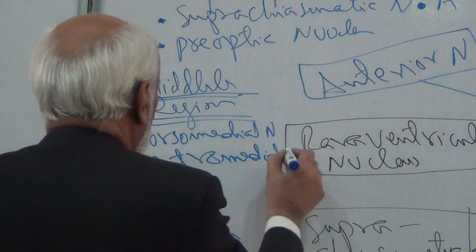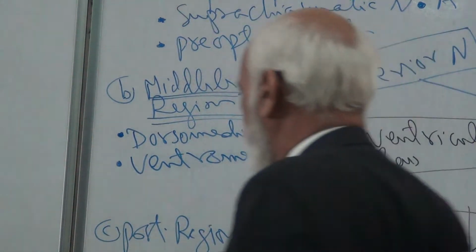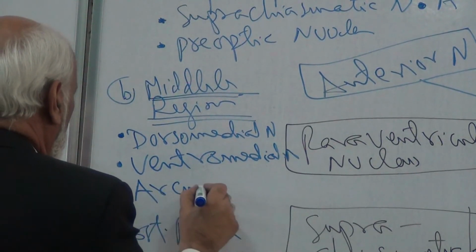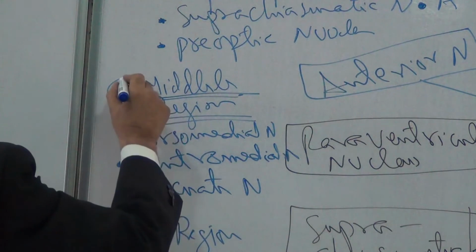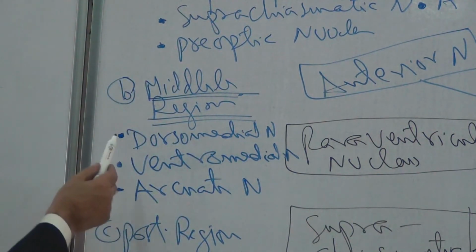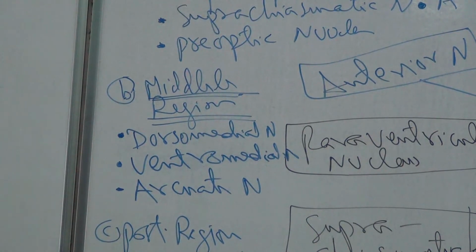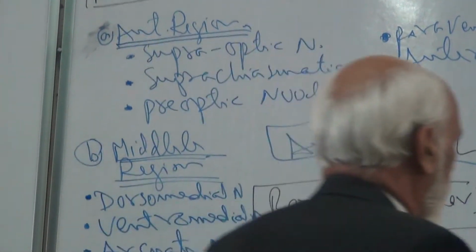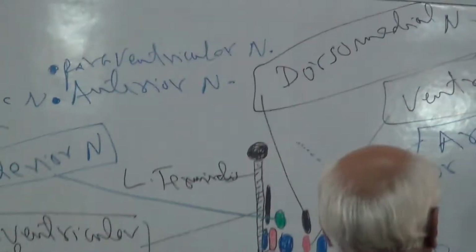Ventromedial nucleus. Then arcuate nuclei. These are the nuclei in the middle region of the medial zone of the hypothalamus. Arcuate nucleus, also known as infundibular nucleus.